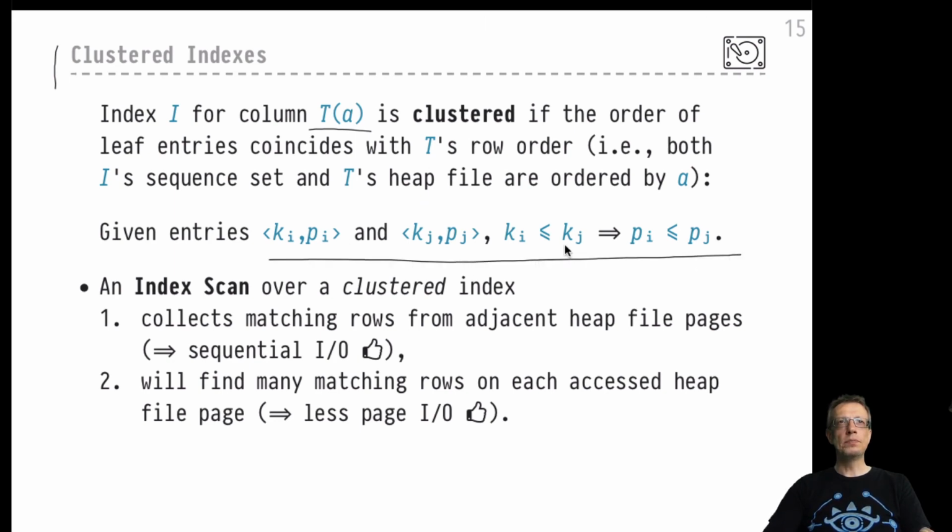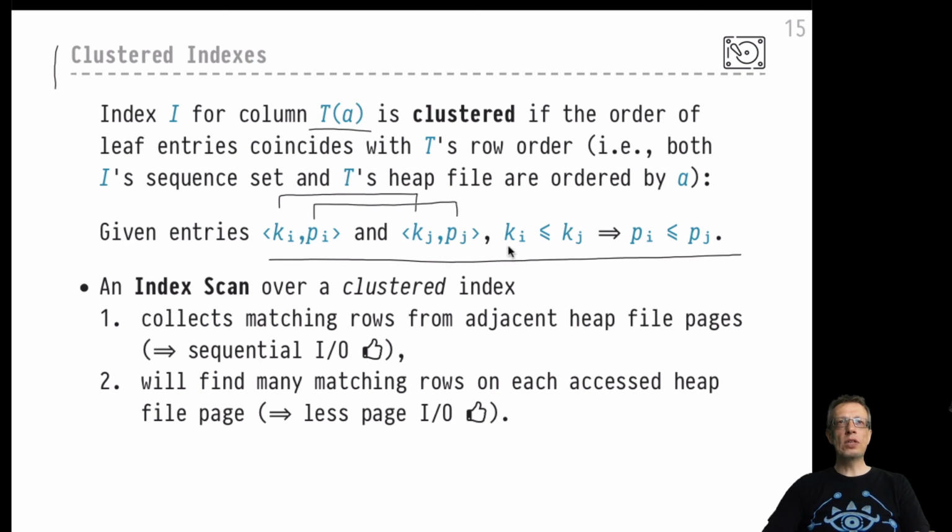All right. So if I find two entries in the sequence set of my index, and I'm looking at two different key values here, ki is smaller than kj, all right, then there is also a correspondence on the pages inside the heap file that they're associated with.